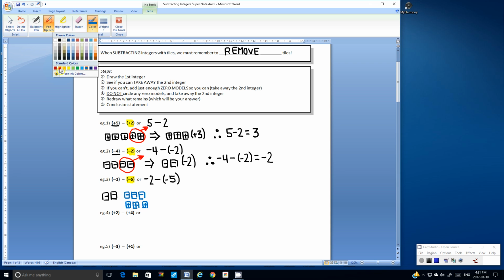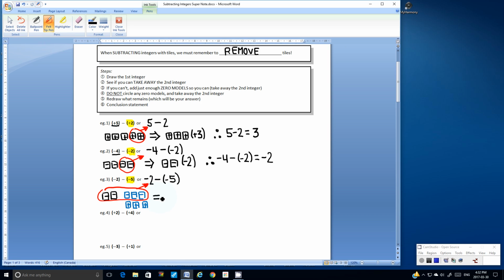Okay, so now ask myself the question, is it possible to take away 5 negative tiles? Well, yes it is, because I have my 5 negative tiles right here. And I'm going to take those away. Make sure you draw this arrow in to show that you're taking them away. Okay, let's go to step 2.